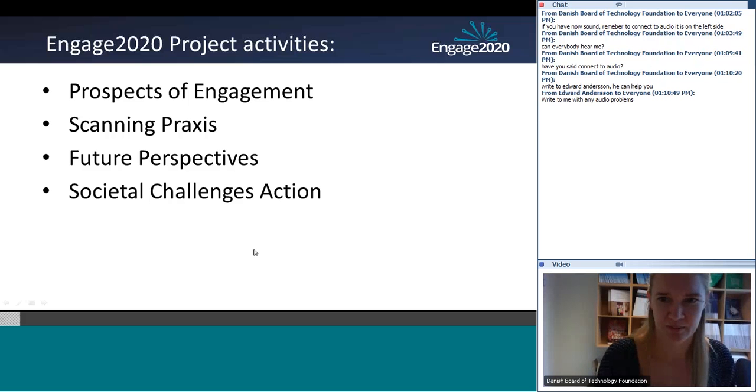We're looking at how you practically engage civil society, and how we can support more engagement of civil society in research and innovation in terms of policies within institutions, but also within the policy area. Then we have also looked at future perspectives, and how we can take this into action.